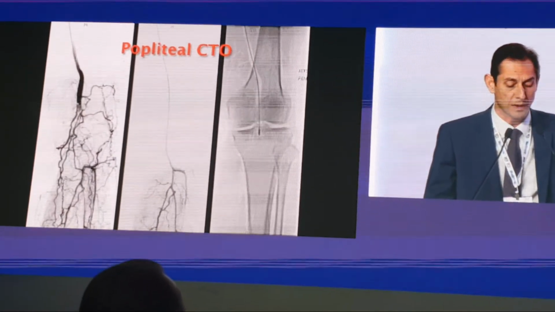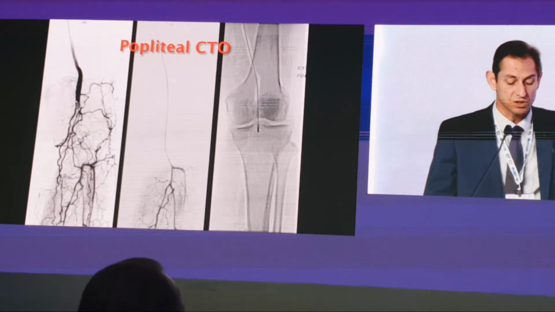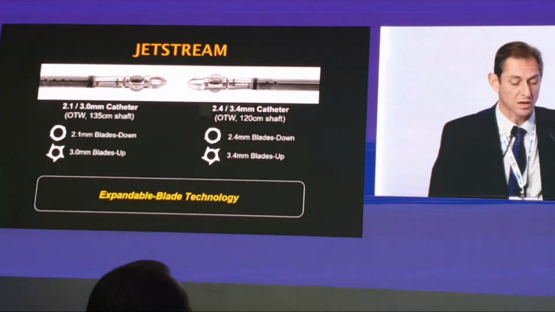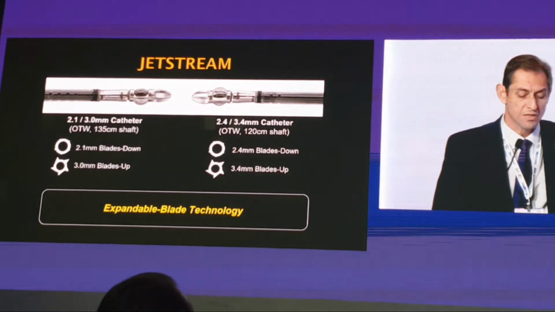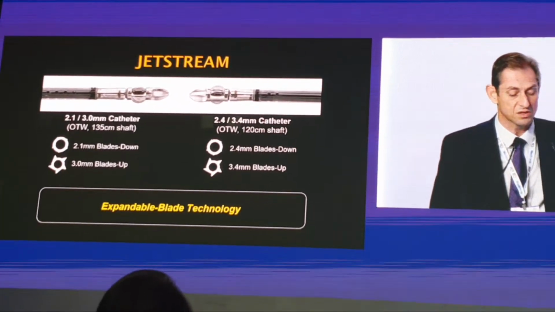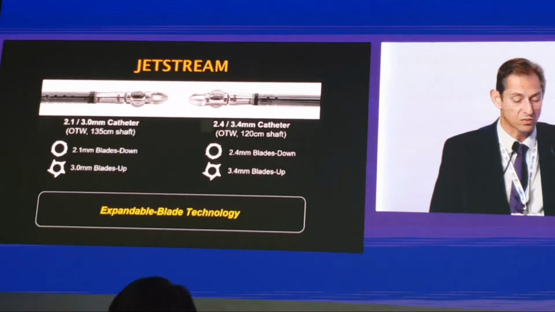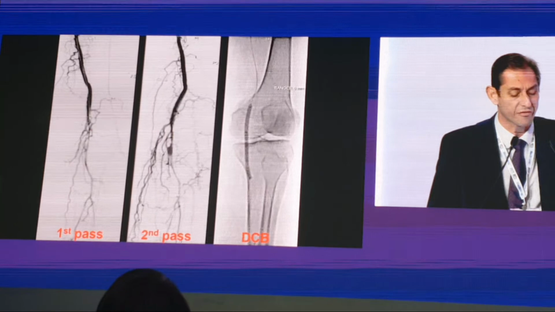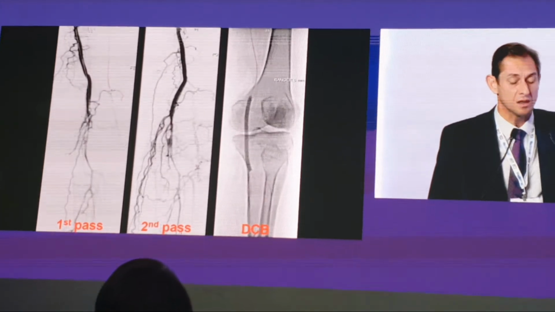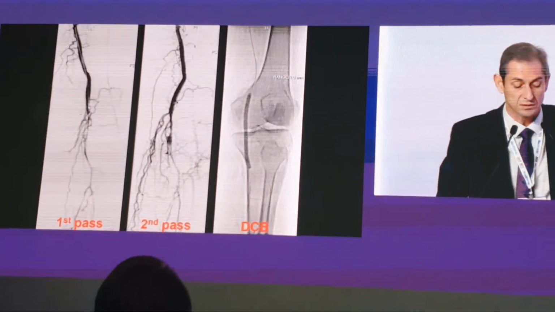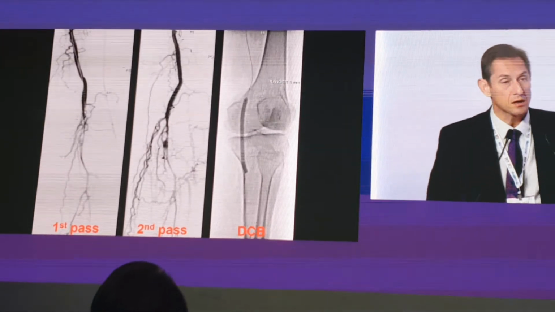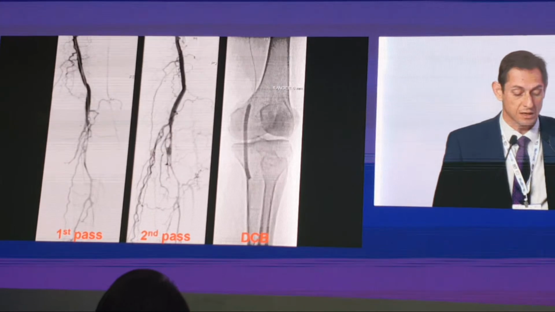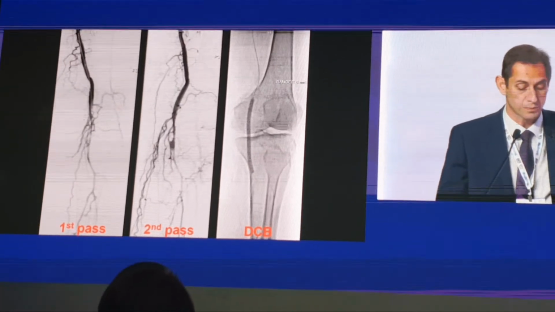On the right-hand side, again, you see the application of a rotational device, and this is the device in this particular case that comes in two different versions. There have been talks about that, but basically this is a front and side cutting device with some kind of aspiration capacity. Left-hand side, we do the first pass with the blades down. In the middle, you see the second pass result with the blades up. And again, you see the stage-by-stage downstaging and debulking effect on this complex lesion.